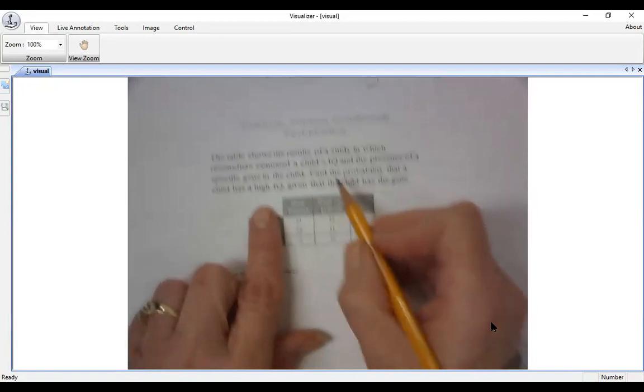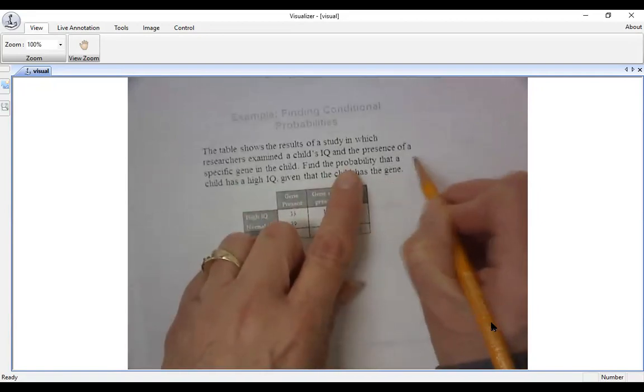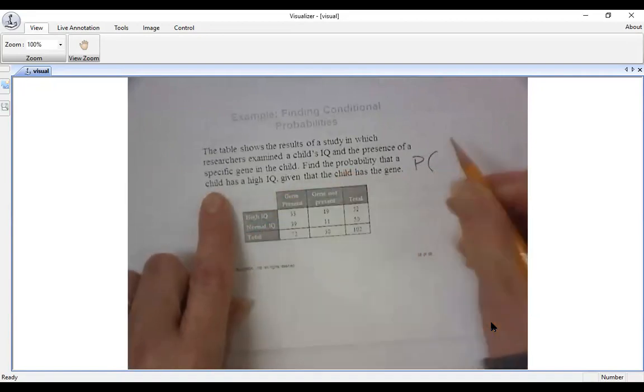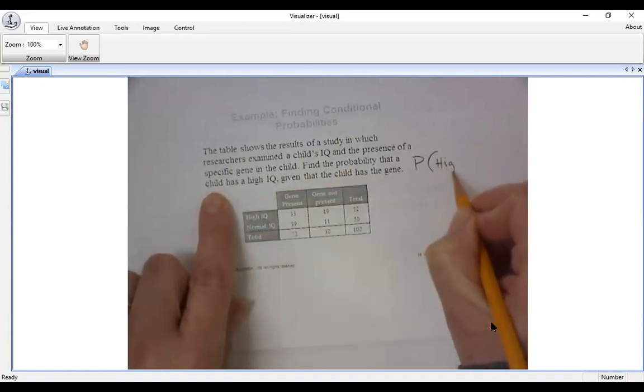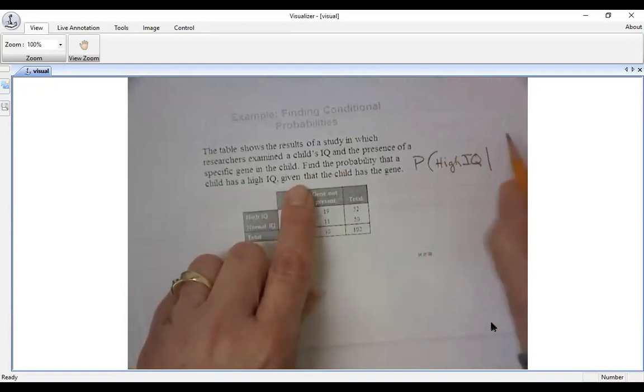Well, let's look at what this is actually asking us to find. We're going to find the probability that a child has a high IQ given that the child has the gene, or that the gene is present.